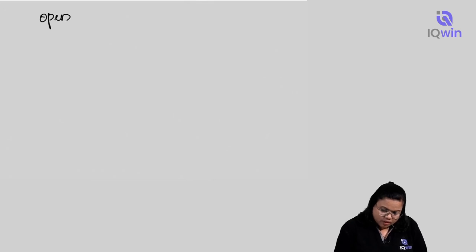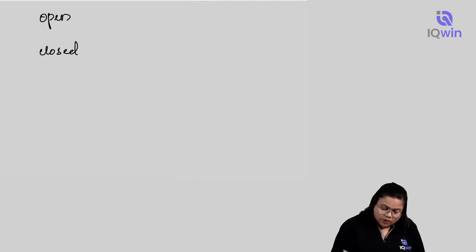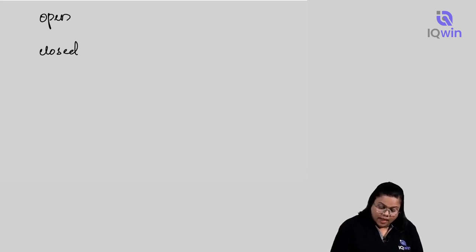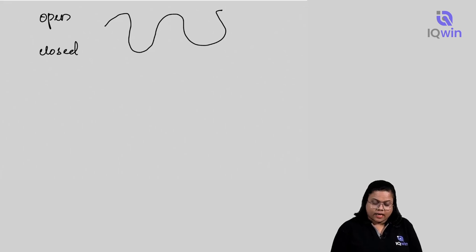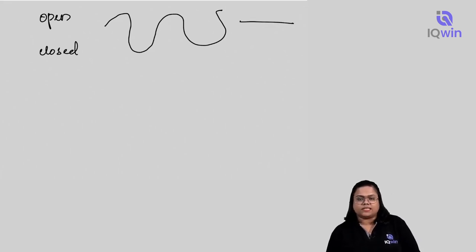The first one is the open curve and the next one is the closed curve. What is an open curve? Whenever you are drawing a curve and the starting point and the ending point are not the same point, it is an open curve.